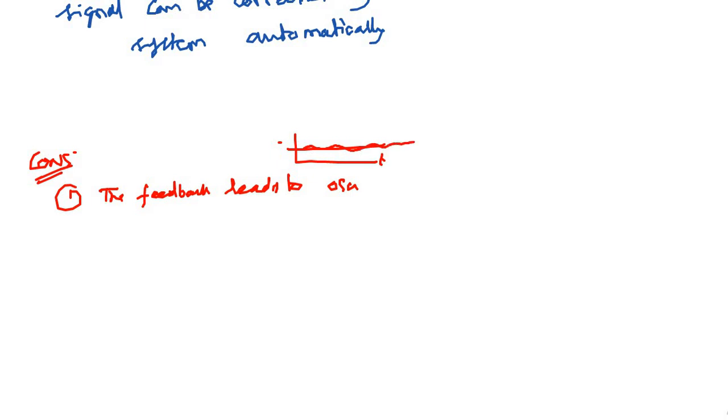It is acceptable actually, small oscillations. That's what I told. If you fix the fan speed at 100, it will be between 99.9 and 100.1. So slight variations with respect to time will occur. This is because of the nature of the feedback. The feedback leads to oscillatory response. Response means output.